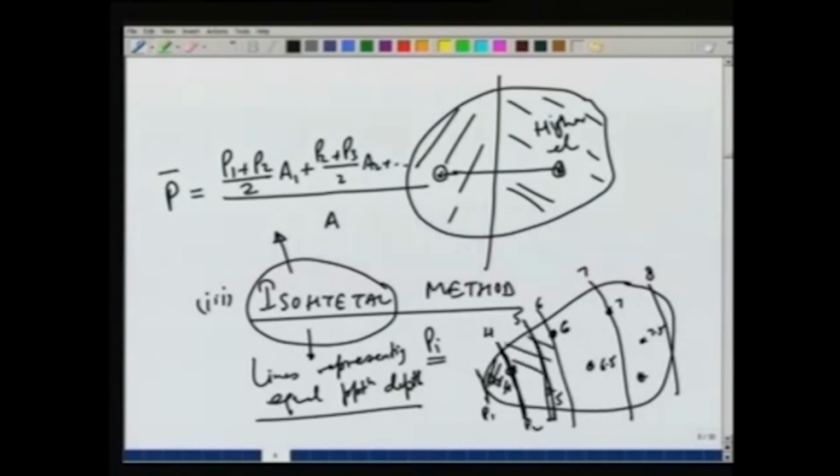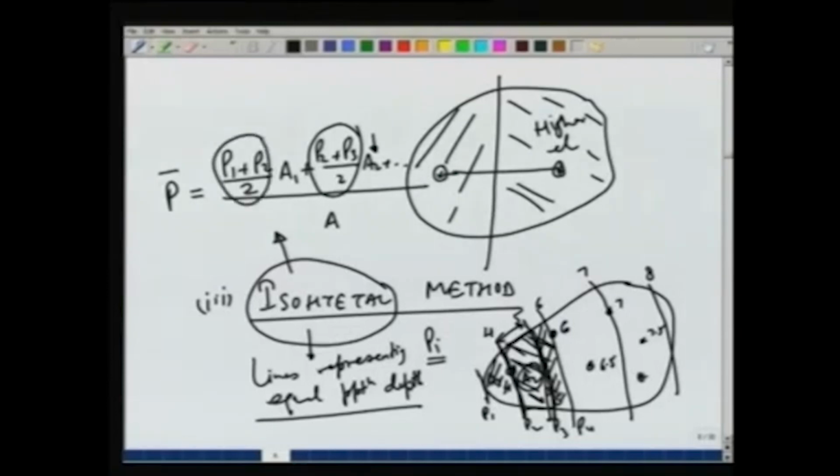Similarly, for this area P2 and P3, for this area we will have P3 and P4. So, for this area between 4 and 5 isohyetal values, we will have (4+5)/2. So, we will say that this area has an average depth equal to 4.5, multiply it by the area A2.